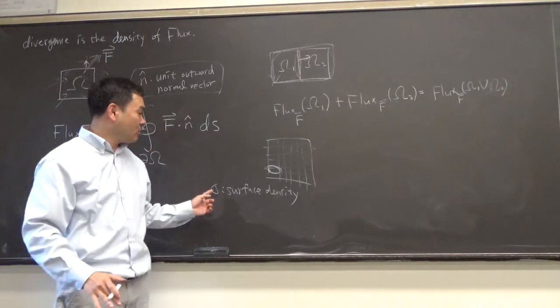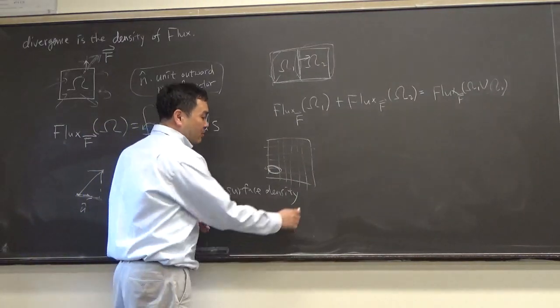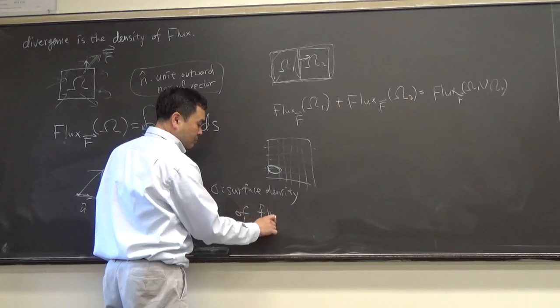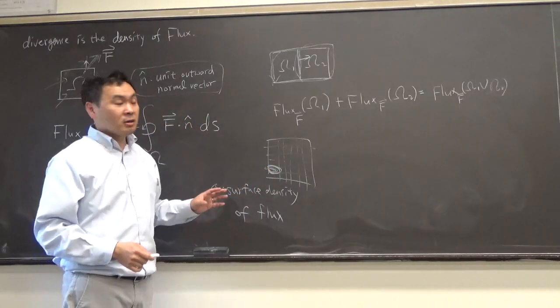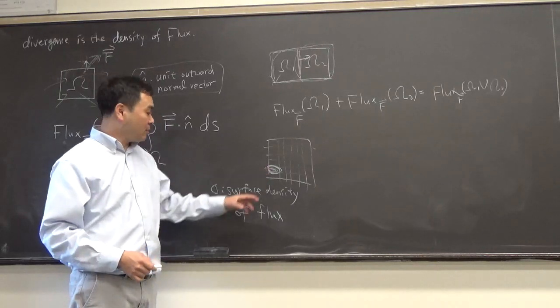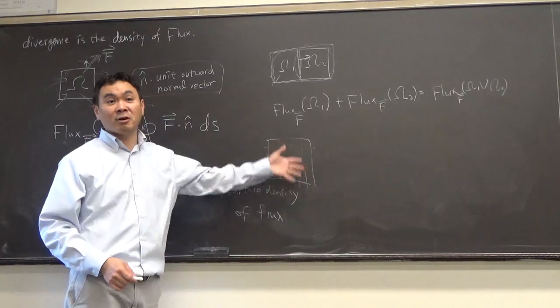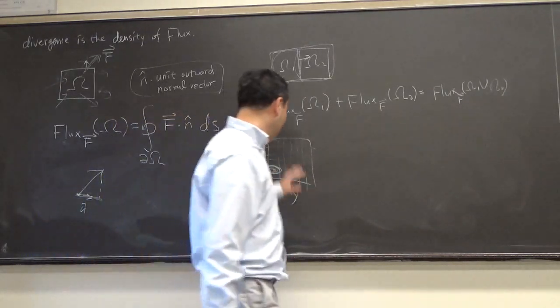So you can talk about the surface density of flux over each region, and if you take the surface density of the flux and multiply by the area, and you add them up, you recover the flux of the entire thing.